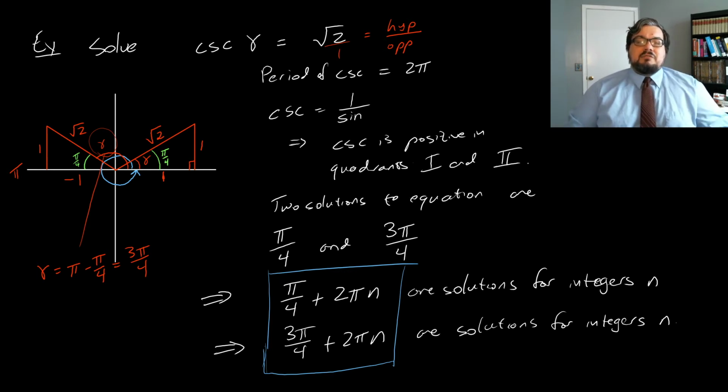So this is the general strategy that we use when we get down to an equation of the form trig function of an angle equals a number. Now there is one small difference that we get if we happen to be working with tangent or cotangent.